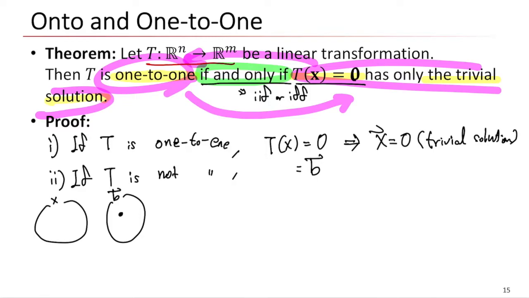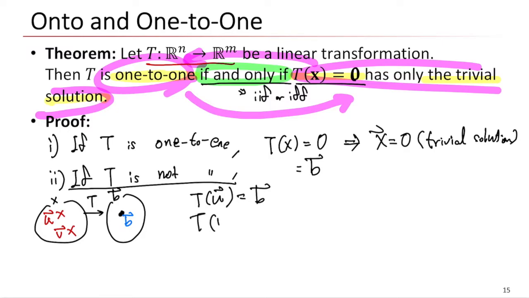For an arbitrary vector b, if the transformation T is not one-to-one, there should be two different points. Let's say this is vector u and vector v, and this is vector b. In this case, T(u) is equal to b, and T(v) is equal to b, right?